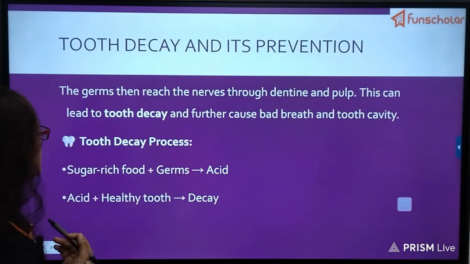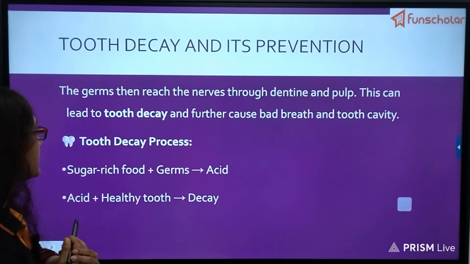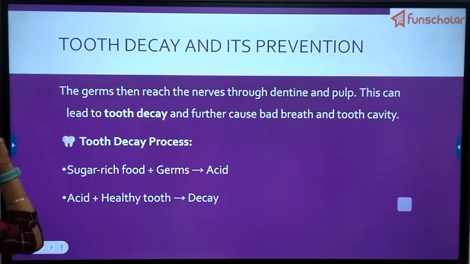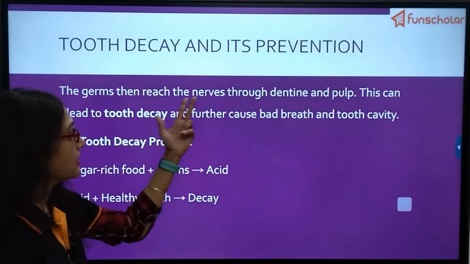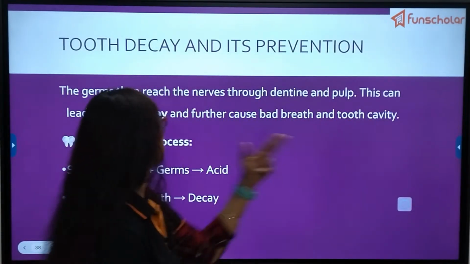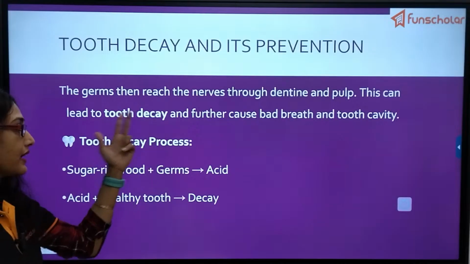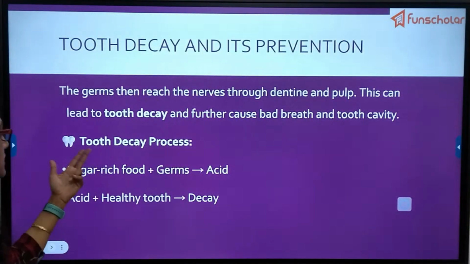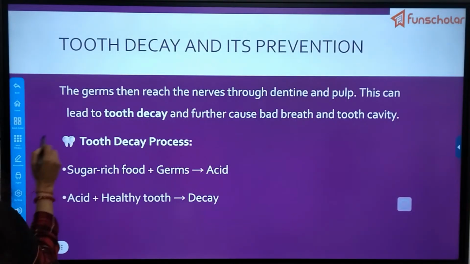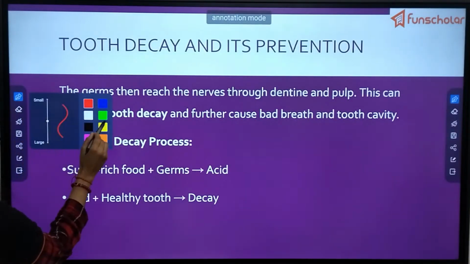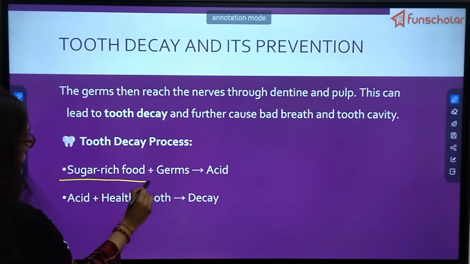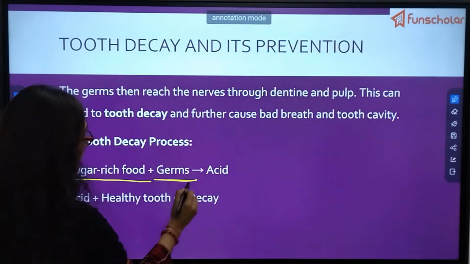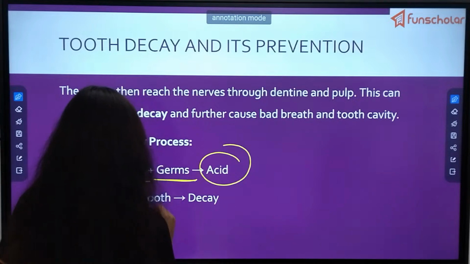Now, tooth decay and its prevention. I have already told you, just read. The germs then reach the nerves through dentine and pulp. This can lead to tooth decay and further causes bad breath and tooth cavity. How does the tooth decay process occur? Sugar-rich food plus germs. What does it form? Acid.